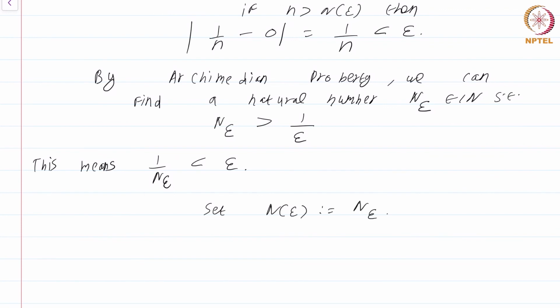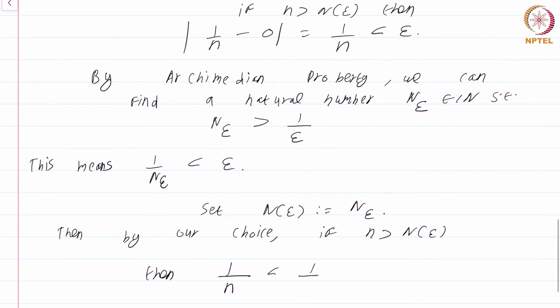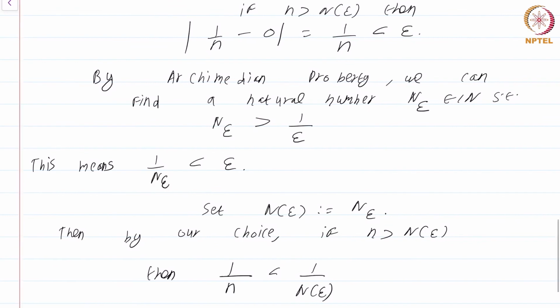Then by our choice, if small n is greater than N epsilon, then 1 by n is definitely going to be less than 1 by N of epsilon, because n is greater than N of epsilon, which is less than epsilon. That is how this N of epsilon was chosen.